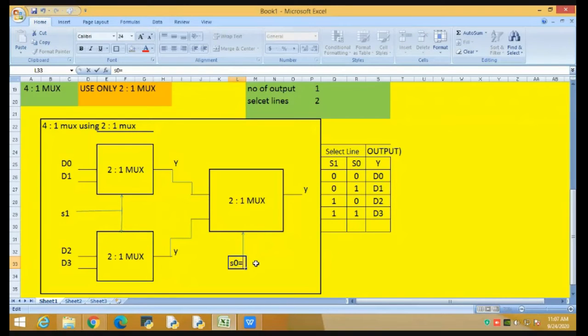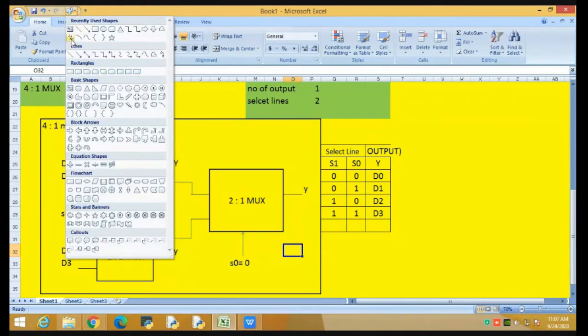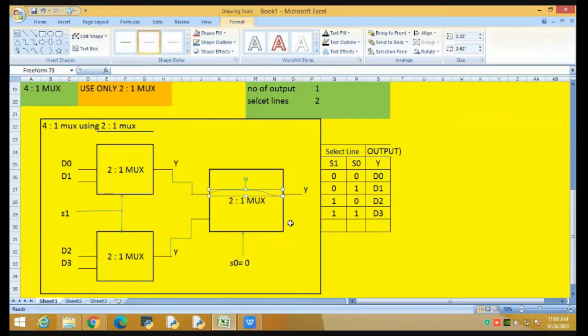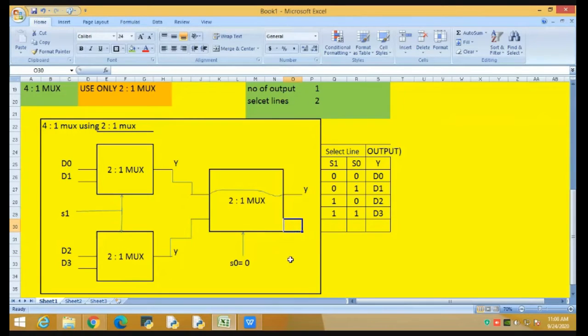S1 equal to 0. So I am going to connect the first input to the Y. Okay, first input to the Y. And S1 is also connected to 0, so I am going to define S1 here and S0 here.